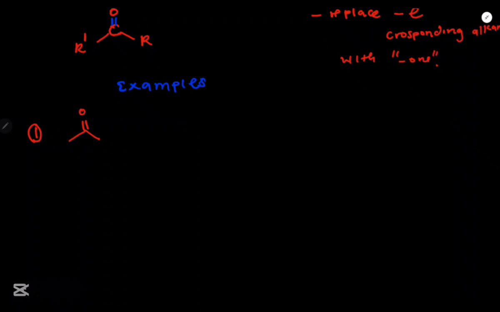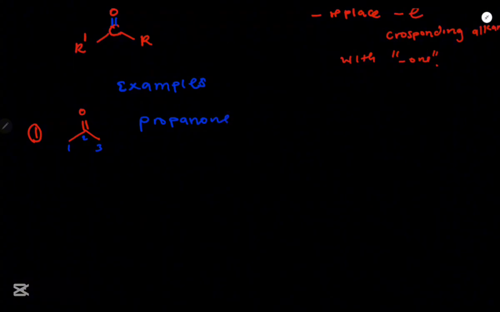The first thing you have to do is to number the carbon. So we have carbon 1 here, 2, 3. From the alkane we know that it's propane. So we're going to replace E with one. So the name qualifies to be called propanone. So this is propanone.